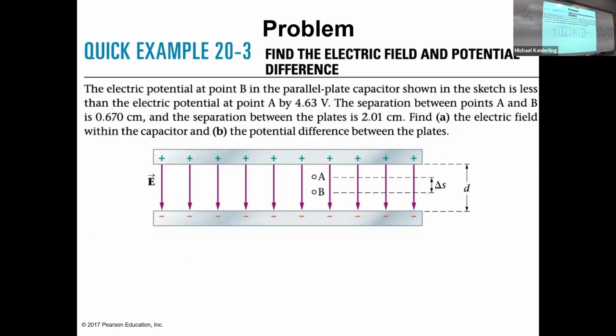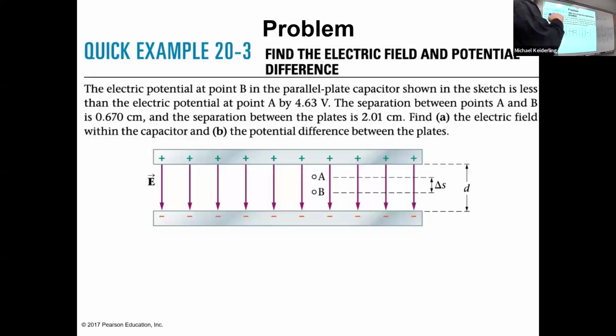And here's another example. We want to find the electric field and the potential difference. So the electric potential at point B in a parallel plate capacitor, shown in this sketch, is less than the electric potential at point A by 4.63 volts. So from here to here, delta V equals 4.63 volts.